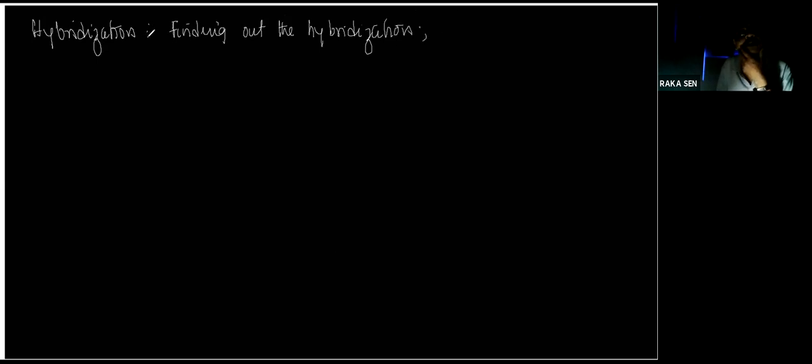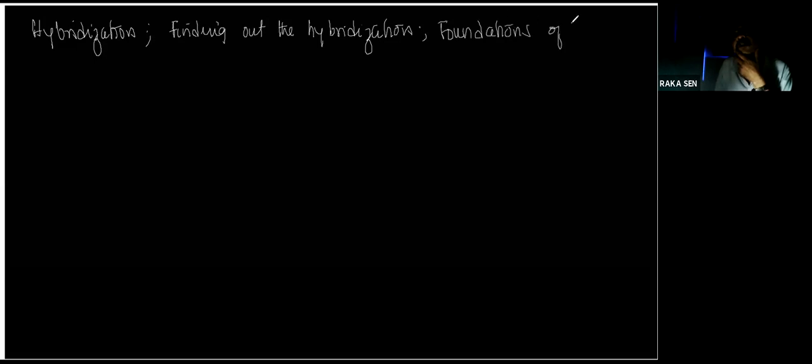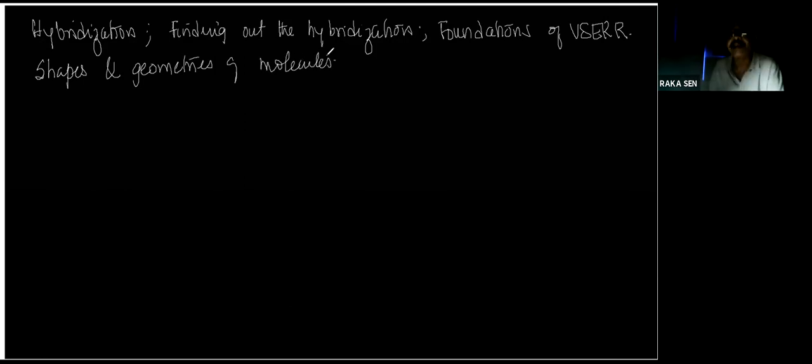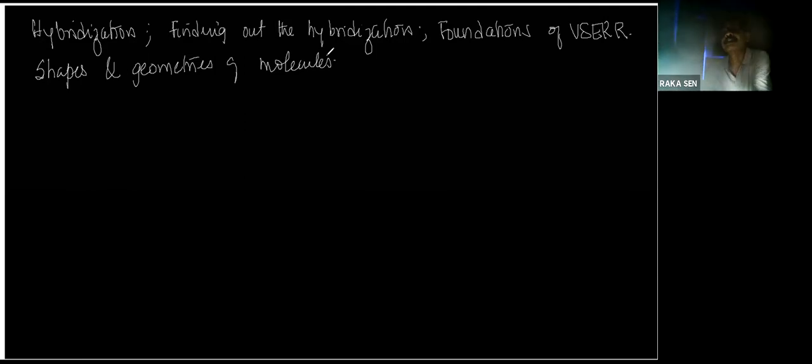Number three, we are going to work on the foundations of the VSEPR model, that is valence shell electron pair repulsion model. And then we are going to look into the shapes and geometries of molecules. This is a key area that we are going to discuss today.